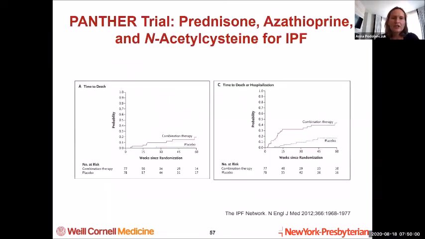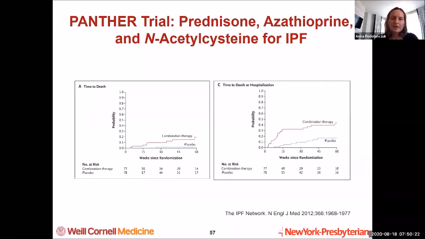I will just mention the PANTHER trial, which was for IPF, or idiopathic pulmonary fibrosis, which randomized patients to immunosuppressive therapy, and it was a triple therapy, a combination of prednisone, azathioprine, and NAC, or N-acetylcysteine, for IPF.